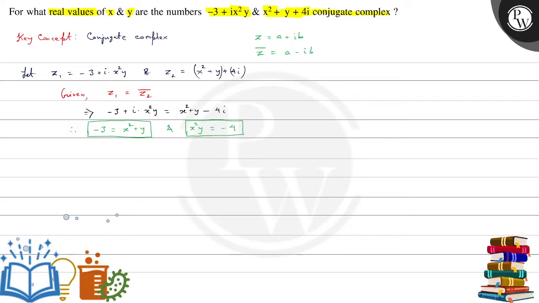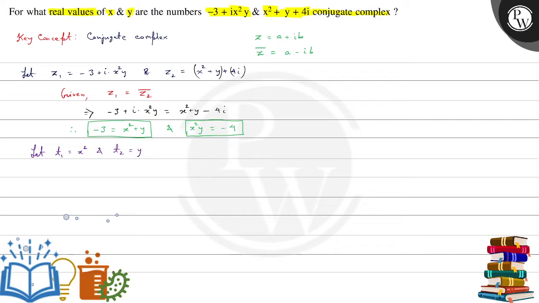Now we can solve this question using various methods, but I'll show you a very interesting method. Let us consider that t1 denotes x² and t2 denotes y. So here, x² + y is basically t1 + t2, and x²y is basically the product of t1 and t2.